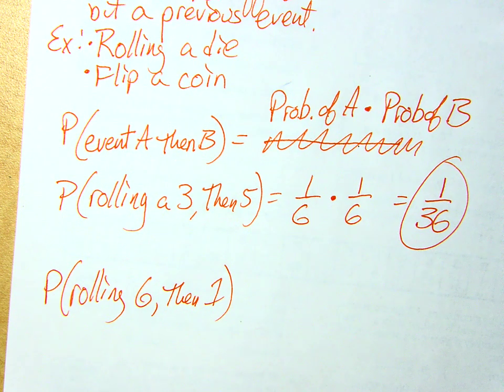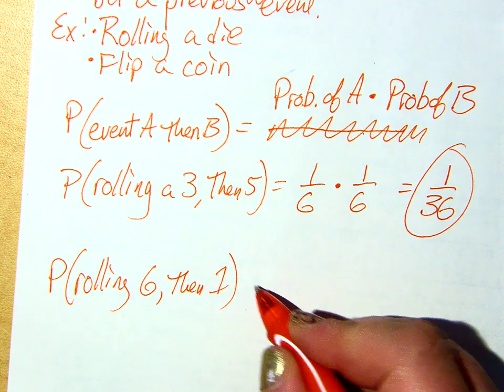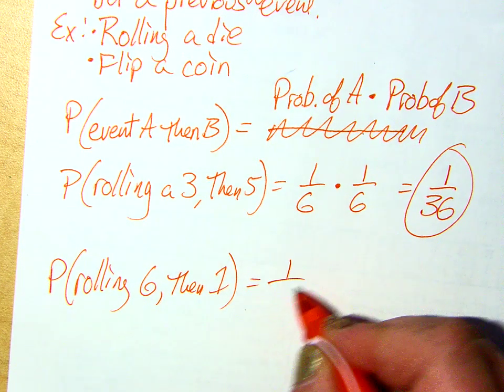What's it gotta be? 1 out of 36. Rolling any two numbers, it's gonna be a 1 out of 36. What if I asked you about rolling a 2 and then another 2? It's still 1 out of 36. Because just because I rolled a 2 the first time doesn't have anything to do with me rolling a 2 the second time. Okay? So, if I'm going to do any two numbers, it's going to be 1 out of 36.